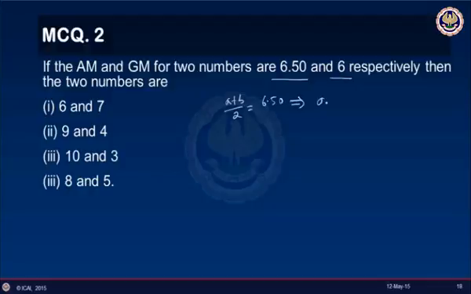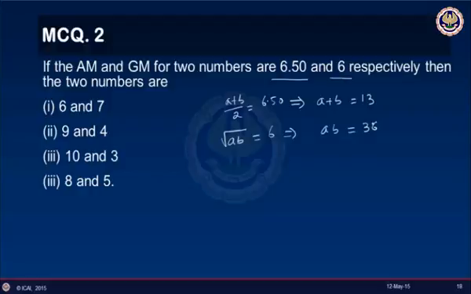From this, A plus B equals 6.5 into 2, that is 13. And GM of two numbers is the square root of AB. The square root of AB is 6, and by squaring on both sides, AB is 6 squared, which is 36.